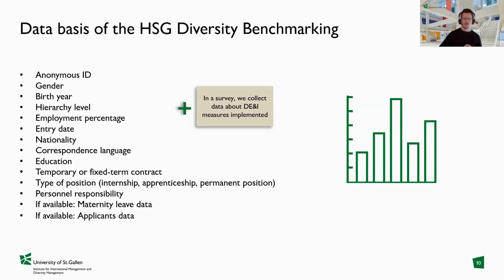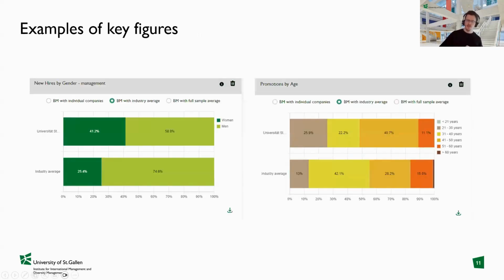Now I want to show you some examples of key figures. On the left side, you see the management new hires by gender. In the darker green shade, there is the percentage of women that got hired into management positions in the previous year for our example company.